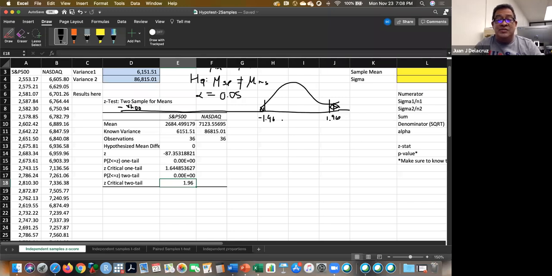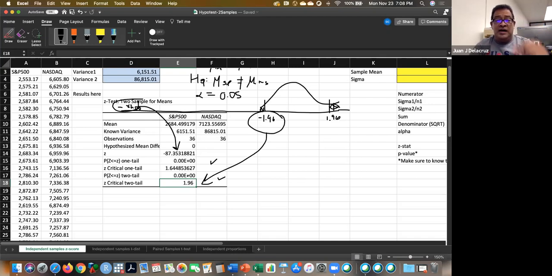So in this case, this is when we are using the Z scores. This is the critical value that we found, the Z critical in two tails, and this is the value that we found in our data. We can also use the p-values. In this case, the p-values are extremely low, either for one tail or two tail, so we are going to reject H0.